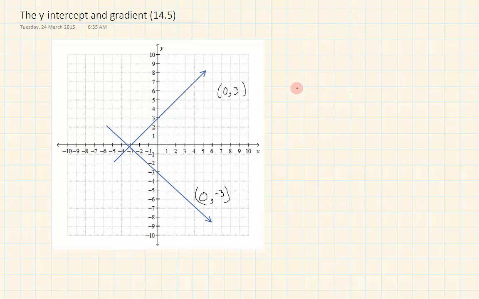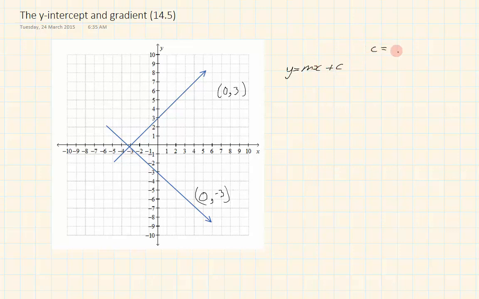So we've looked at the y-intercept and the gradient. And the reason for that is because using the gradient and the y-intercept, we can develop any linear graph. The general rule for linear graphs is the formula y equals mx plus c. So y is our y value. m, of course, is our gradient, which we saw earlier. x is our x value, which we plug into our equation, and c is our y-intercept.